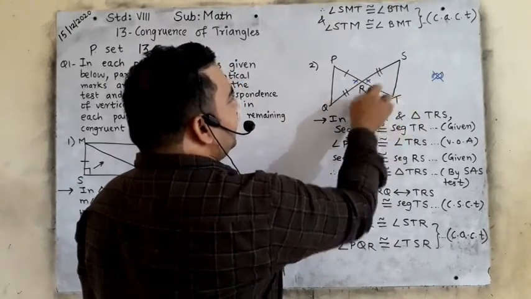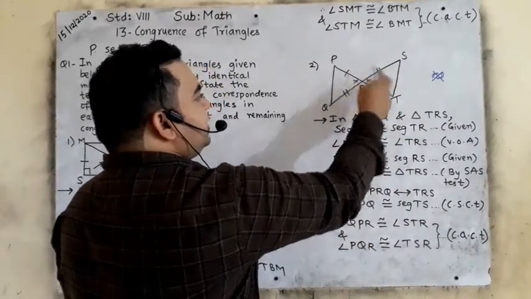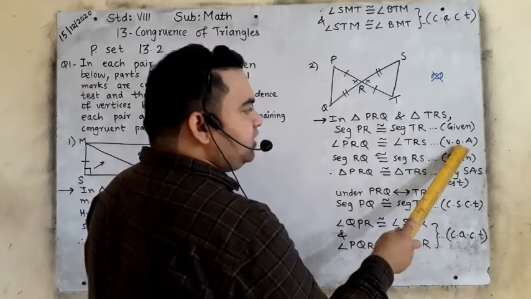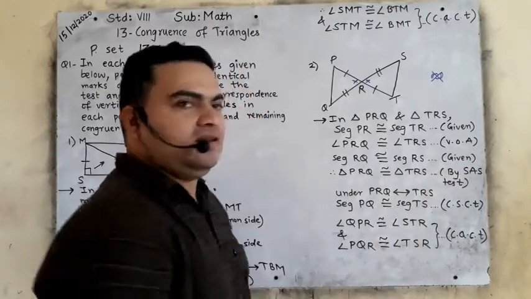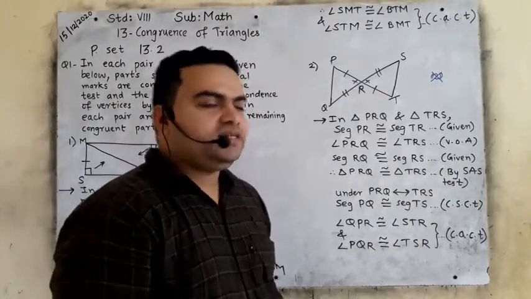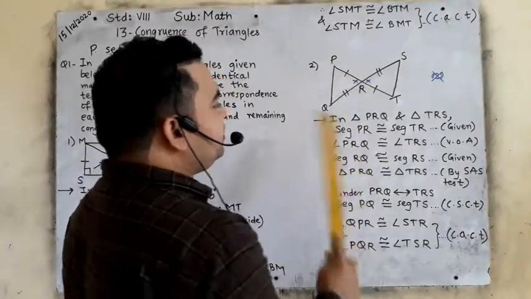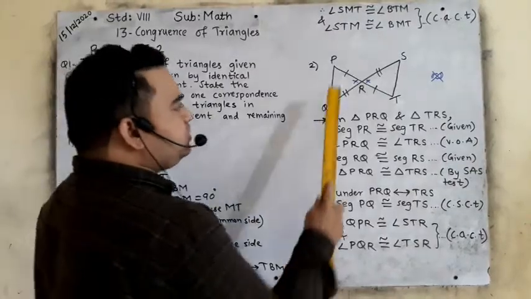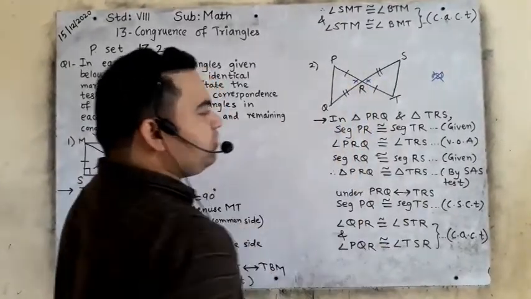Congruent to angle TRS. Why? Because this R is in both the triangles and it is vertically opposite angle. V for vertically, O for opposite, A for angle. So these two angles will be congruent to each other.